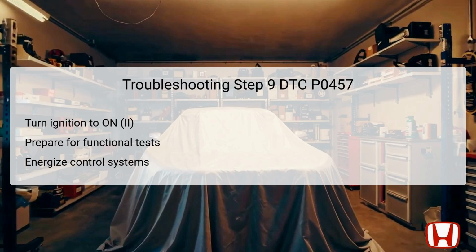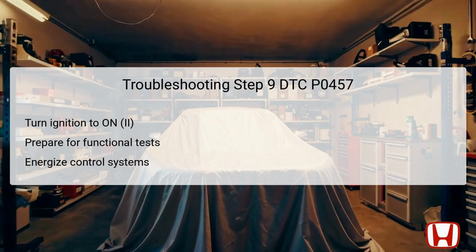The ninth step in the troubleshooting process involves returning the ignition switch to the on position, referred to as I. Activating the ignition allows the vehicle's electronic systems to energize again, making it possible to run further checks and tests. This step is essential following any component adjustments or reconnections because it reestablishes power to the EVAP system, enabling proper functionality checks.